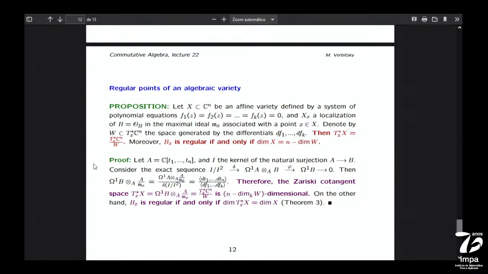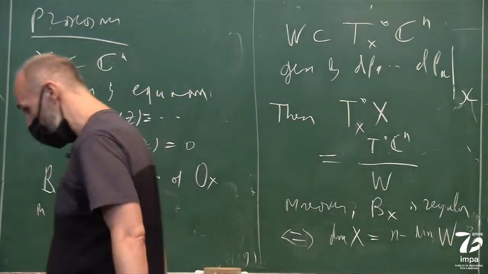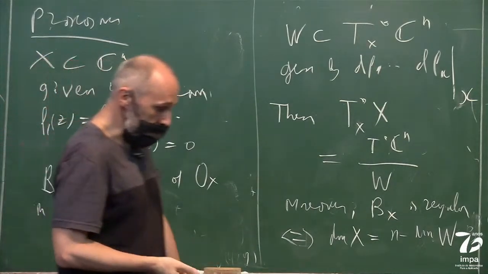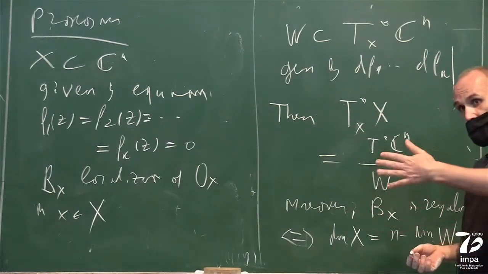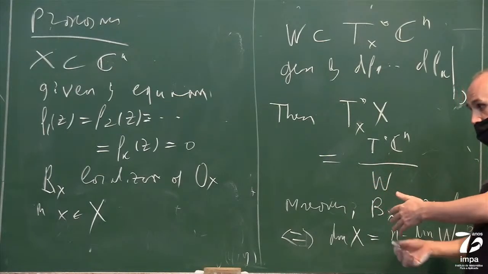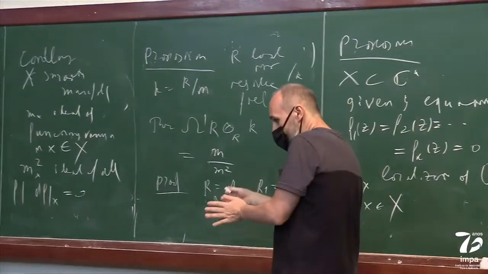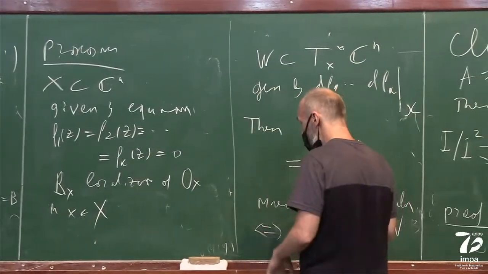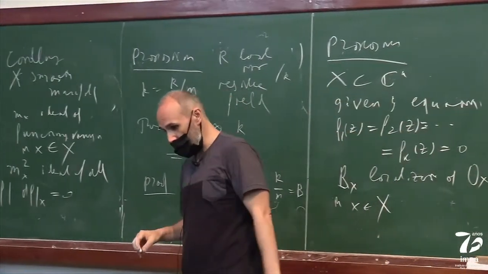This is something we sort of know from what we discussed. If you have a subvariety given by a set of equations, then the differentials of these equations should give you a surjective map from Cn to Ck, where you have k equations. If this is true, then we know that the variety is regular by the inverse function theorem, which we discussed two lectures ago.